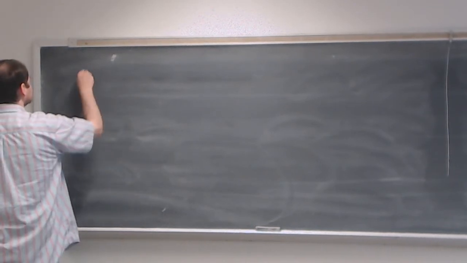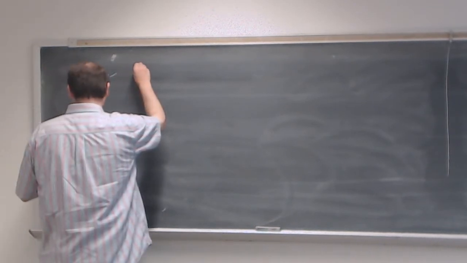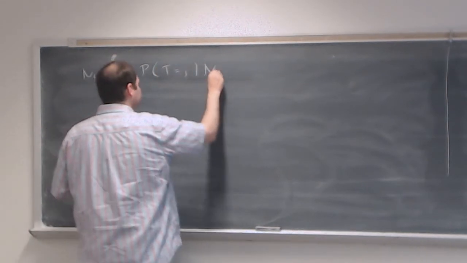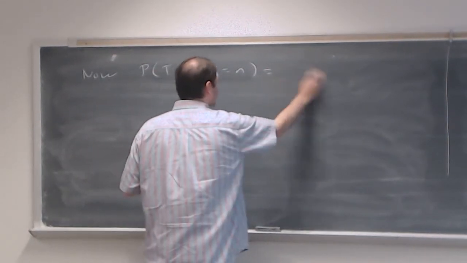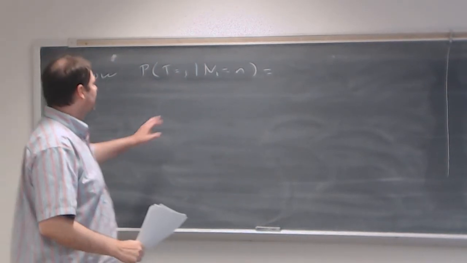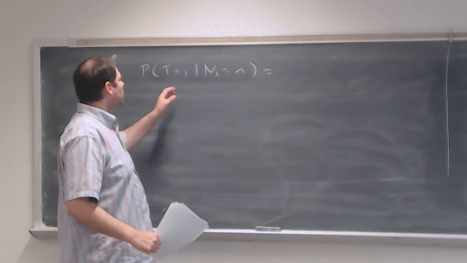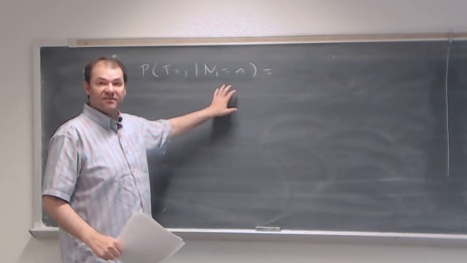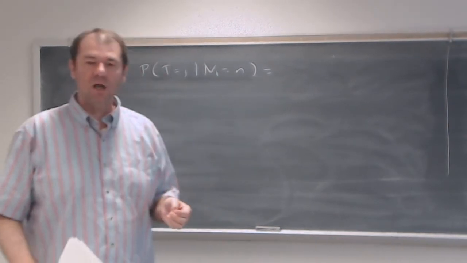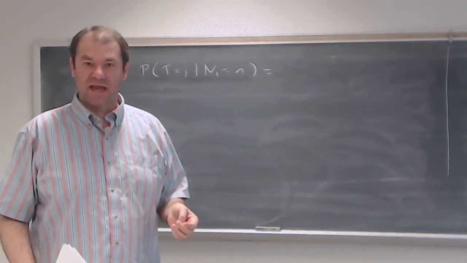Now, the probability that T is equal to j given N sub 1 equals n. Well, what I want to tell you is that really, given the type, we could say the probability of the number of accidents they have in a given year.